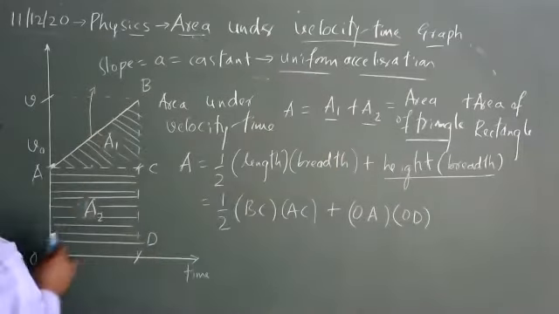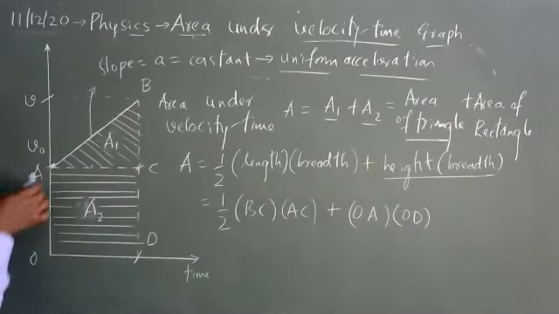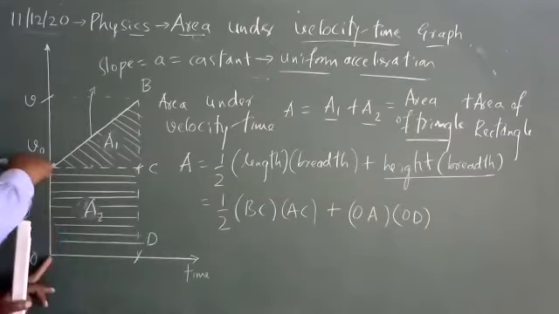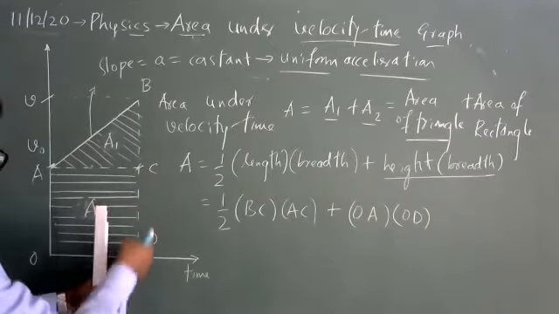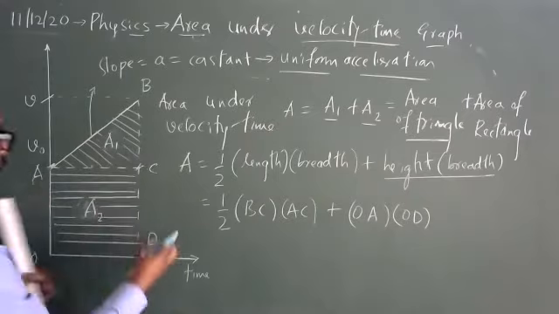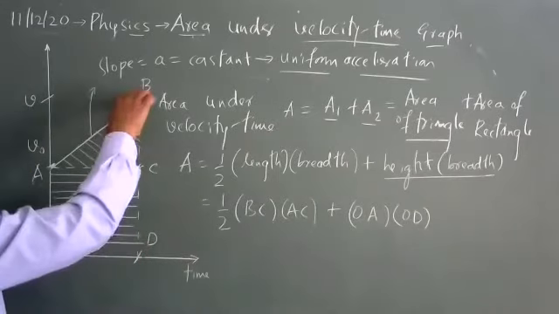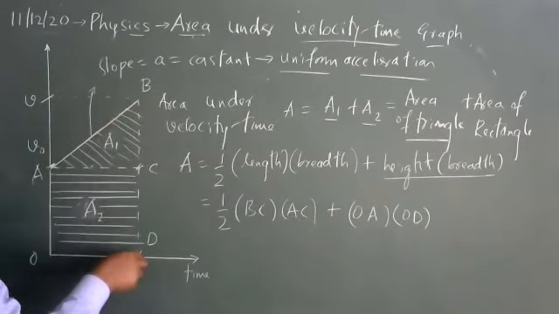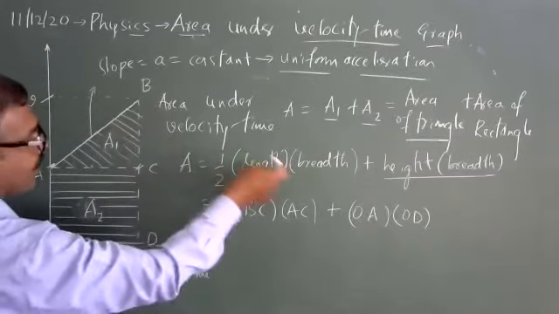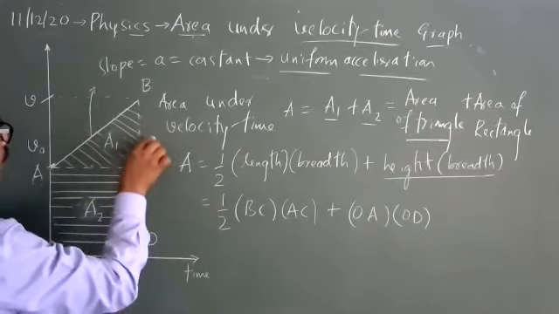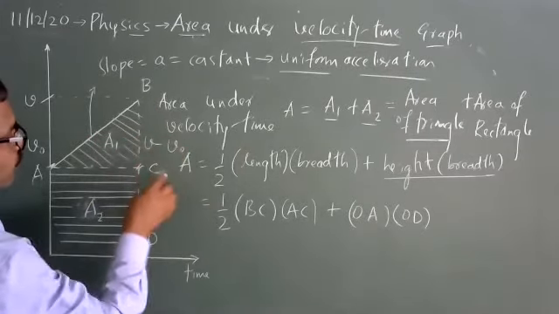I just want to know what this value is. O to A is called V0, and this CD is also the same value, OA equal to CD. Then what is B to C? So from BD the velocity is V, and this height or length is V minus V0.